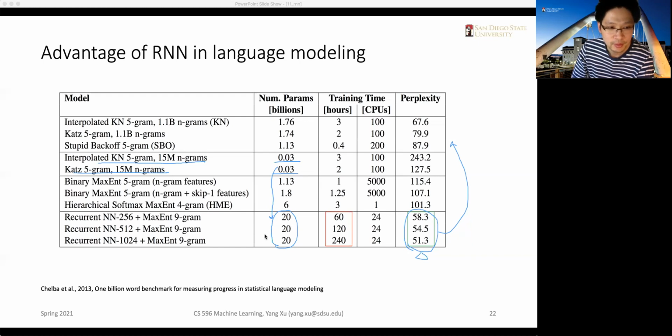In neural nets, it's easy to get the number of parameters to millions or billions. Together with that, the training time is in hours, way more than the n-gram-based language models.